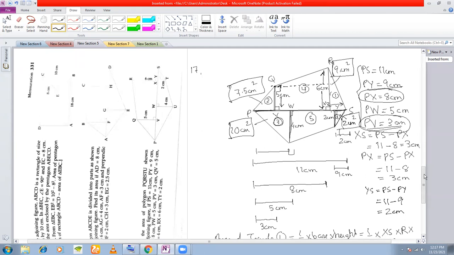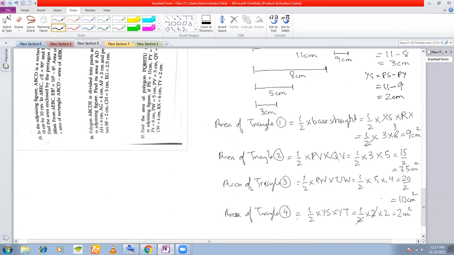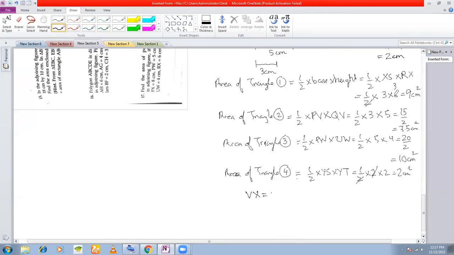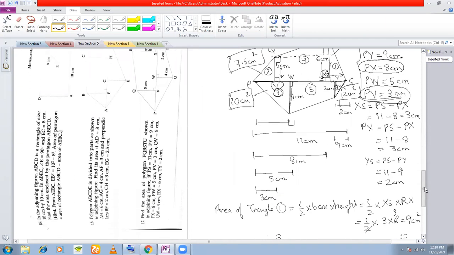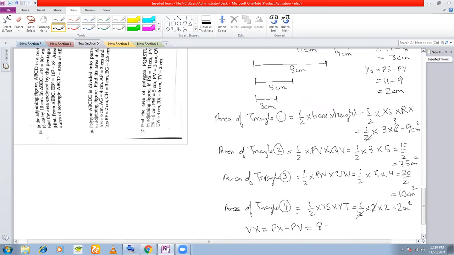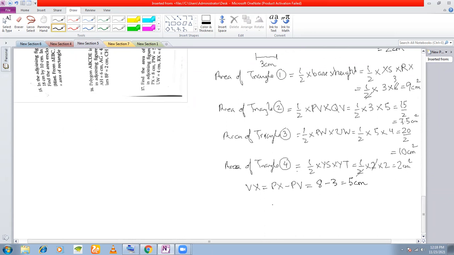So VX is PX minus PV, which is 8 minus 3, equal to 5 centimeters. So we know the height of this trapezium also.